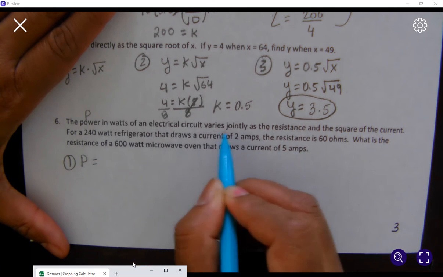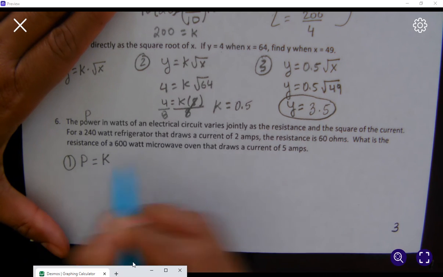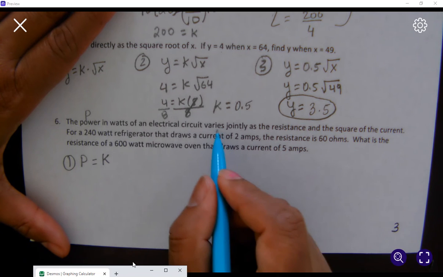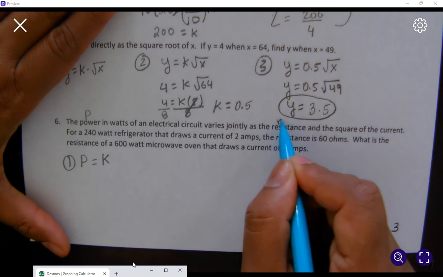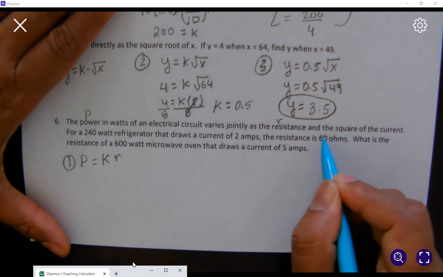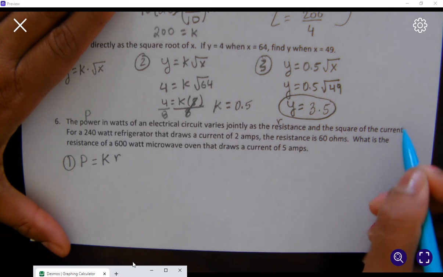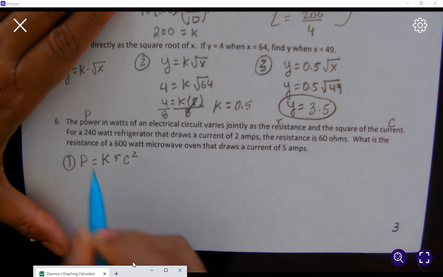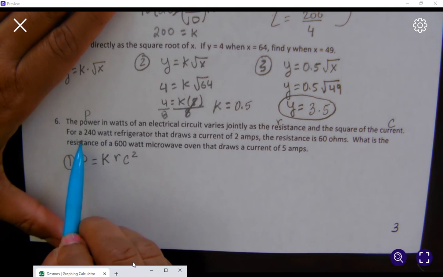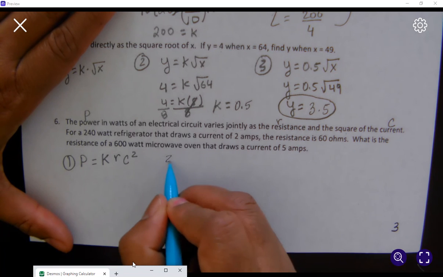P equals K, because whenever you see the word varies, you just put equals K. Jointly means multiplication as the resistance, so I'm going to put R for resistance, and the square of the current, I'm going to put C for current, and the current is being squared. Okay, that's it.